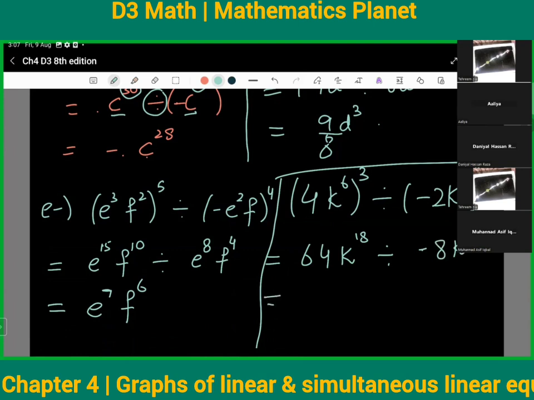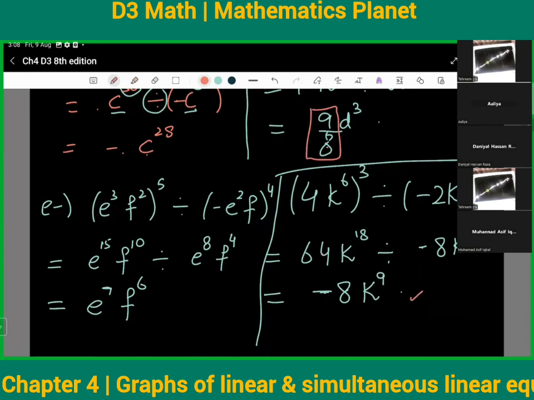Good. 64 divided by minus 8 will give us minus 8, k to the power of 9. Because in the previous question 9 over 8 was not divisible, so I wrote directly 9 by 8. But here 64 by 8 is divisible. We get 8, so we can write directly 8. Very good.